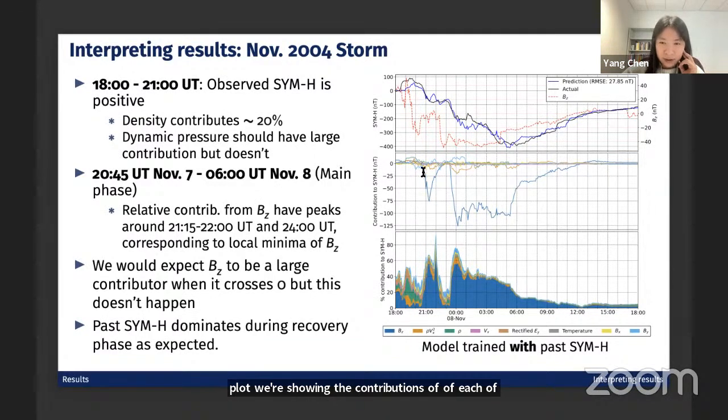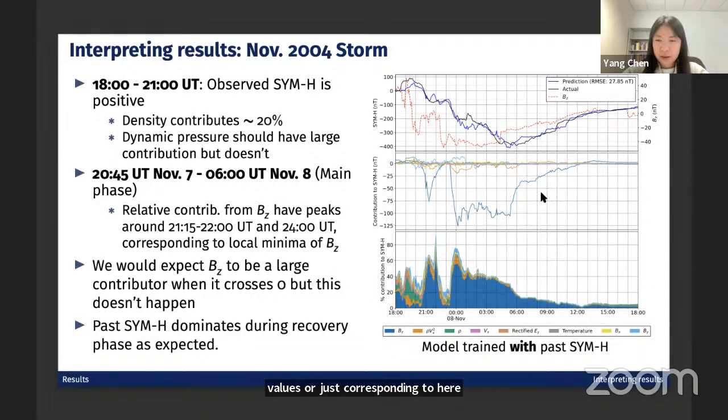As you can see, the contribution from the Bz actually follows the observed Bz pattern pretty well in this case, and the contribution of Bz is pretty big during the local peaks of the Bz values, which corresponds to here.